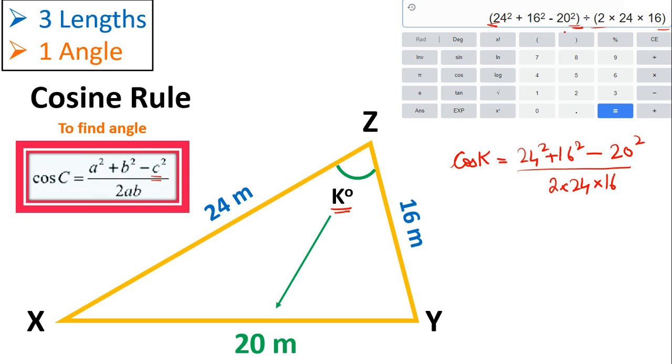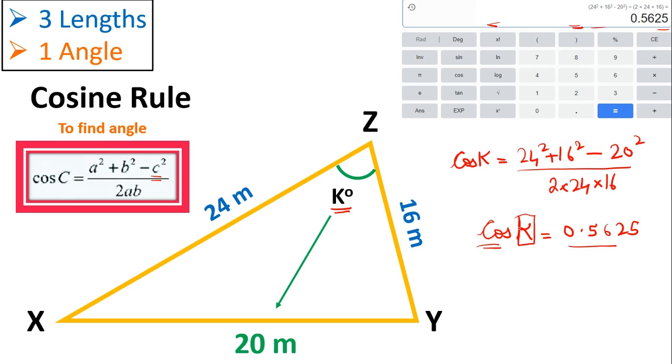Once I do all of that in my calculator, I get an answer like this, 0.5625, which means cos k is equal to 0.5625. But obviously, this is not my angle. Why? Because there is another cos there. I don't want my cos k, I actually want my k. What is the value of my k degrees?